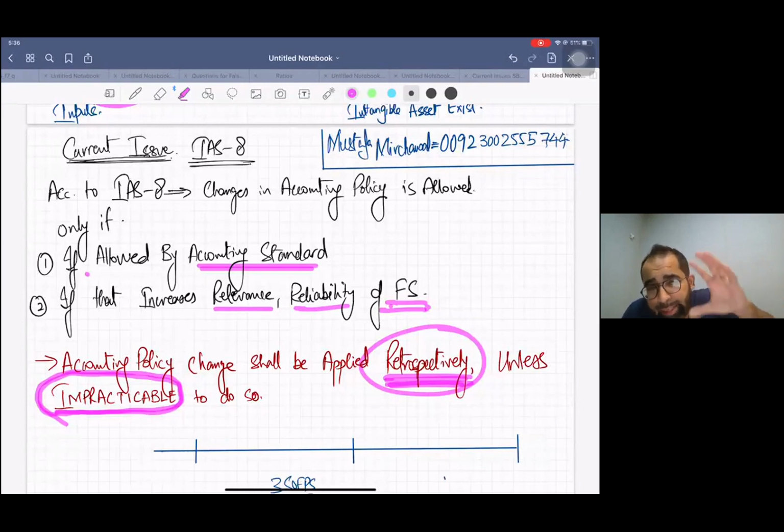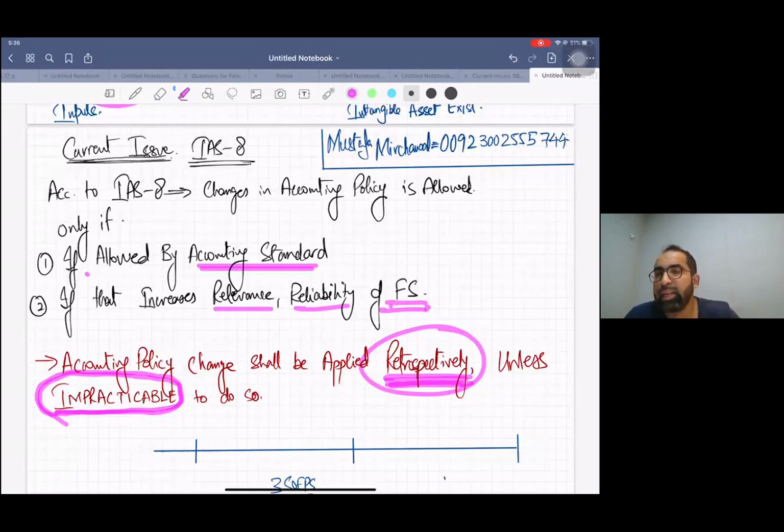Technically we should go back 5 years and change it, but the standard says if you cannot go back 5 years, for example you have only 3 years of data, then go 3 years back and do a past 3 years restatement.